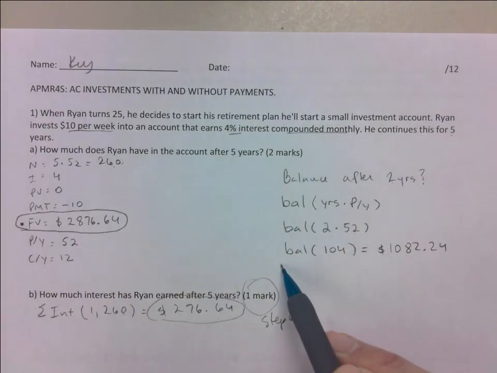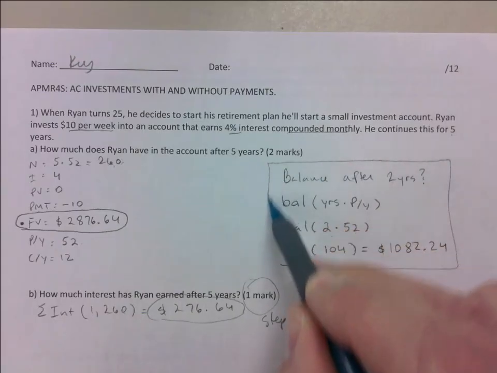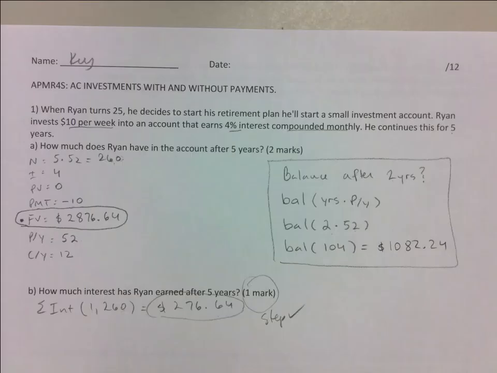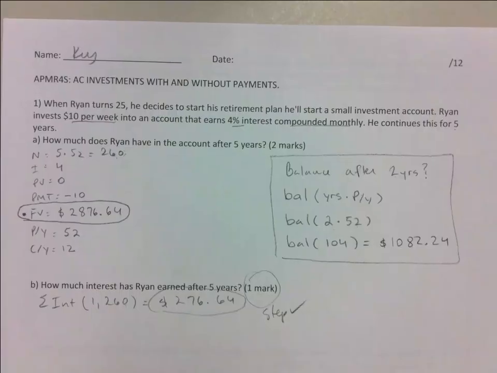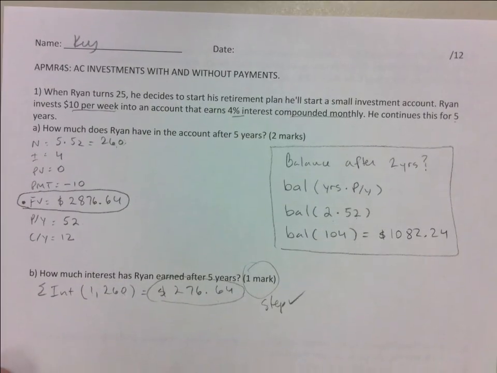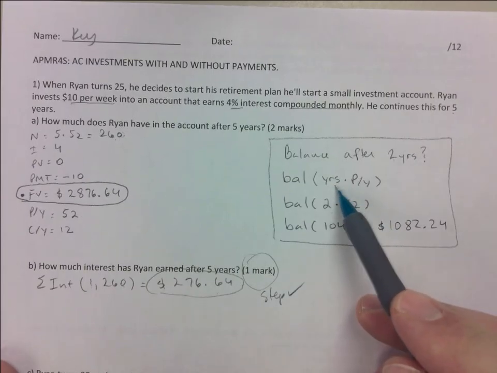This is just an aside, just so you don't forget about that function. That tells you how much money you have at any given time throughout your investment. I could ask for 3 years, 4 years, 1.5 years, doesn't matter. It just makes sure that your time is in years.